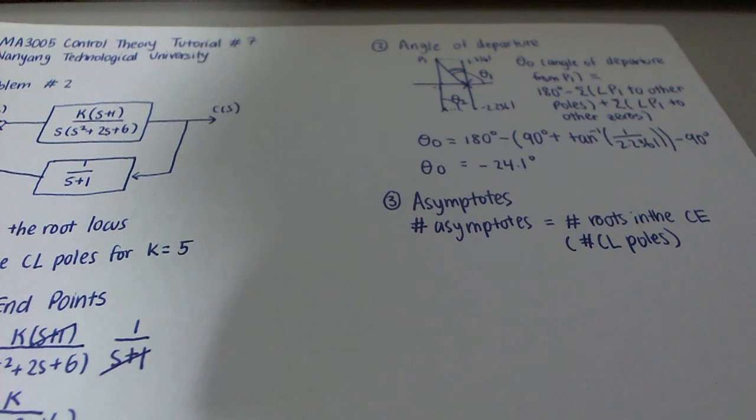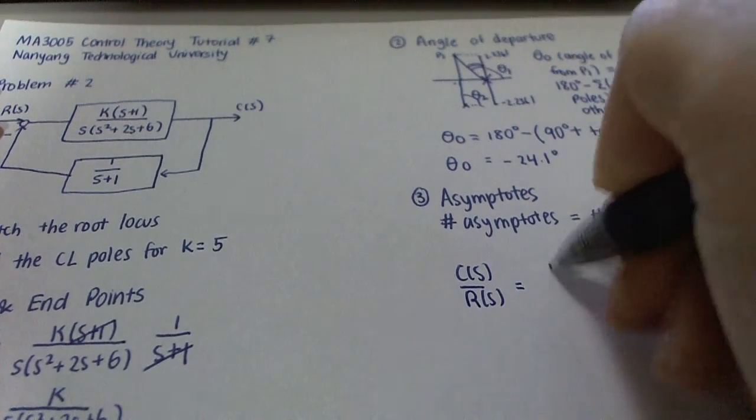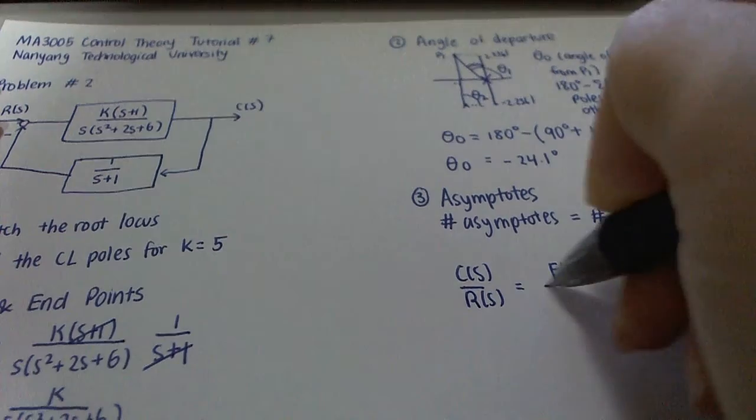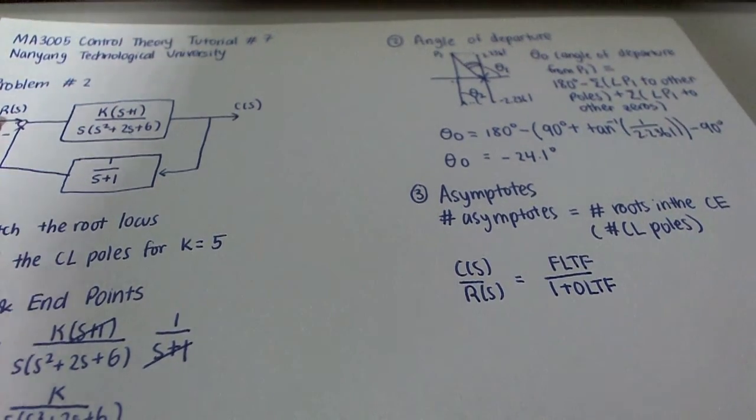And of course, we need to find the characteristic equation for this problem. What we have is C(s) over R(s) equals the forward loop transfer function over 1 plus the open loop transfer function for a negative feedback system.